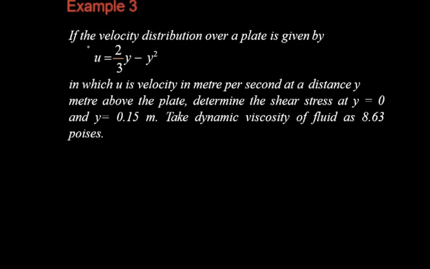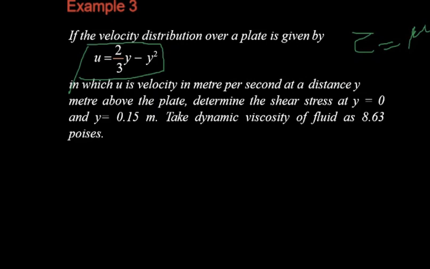So what have they given? They have given an equation, so it is like mathematics now. That is u is equal to 2 by 3y minus y square. So we have to determine the shear stress, that is tau. What we know is the tau formula, that is tau is equal to mu into du by dy, right?